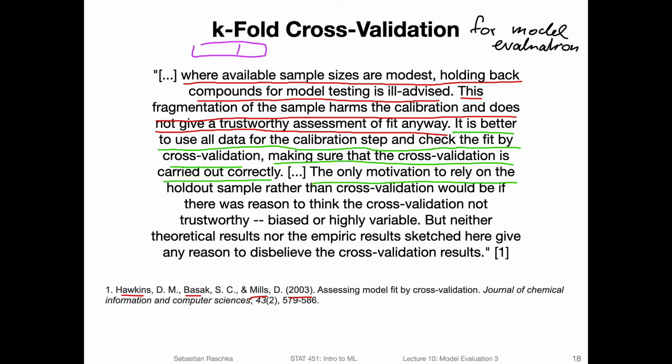The only motivation to rely on the holdout sample rather than cross-validation would be if there was a reason to think that cross-validation is not trustworthy, for example, biased or highly variable. But neither theoretical results nor the empirical results sketched here give any reason to disbelieve the cross-validation results. So here they are making the case that cross-validation is more reliable than the holdout method, so they recommend using cross-validation instead of the holdout method.